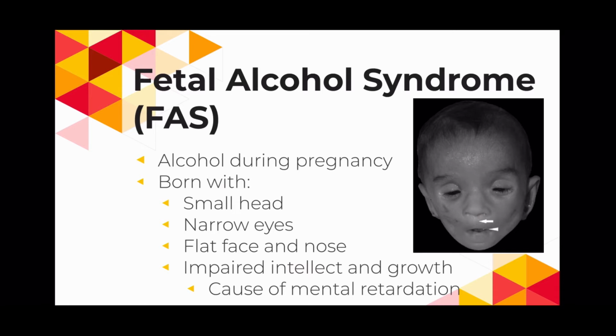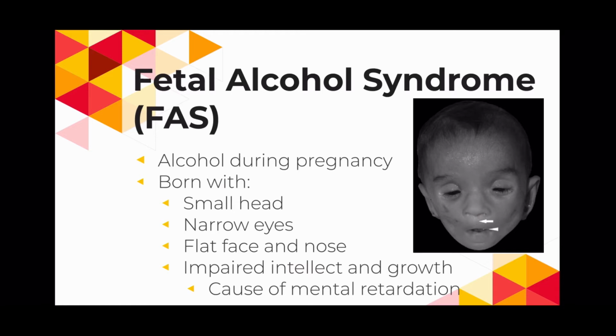Babies born with this syndrome often have a smaller than normal head. Usually they have pretty narrow eyes and a flat face and nose. They are also born with impaired intellect and growth. Fetal alcohol syndrome is a major cause of mental retardation because the alcohol exposure during development causes brain damage, and that is absolutely irreversible.